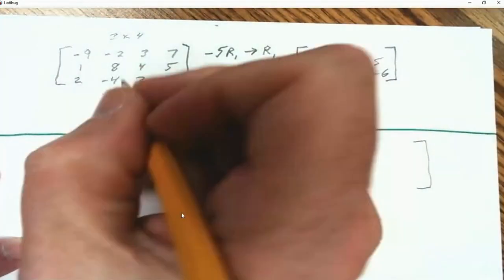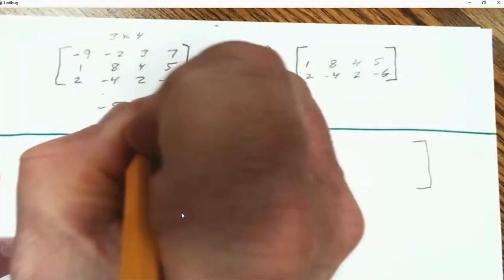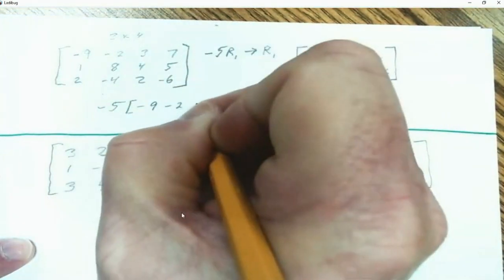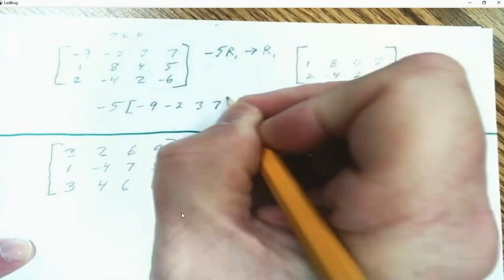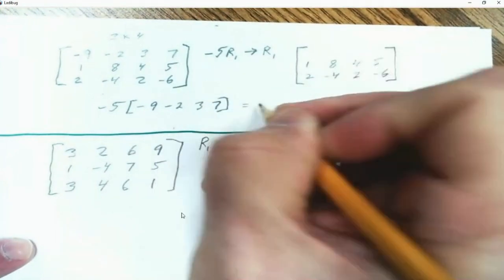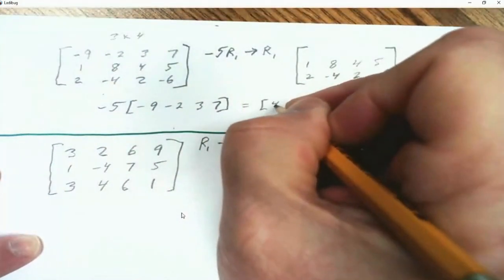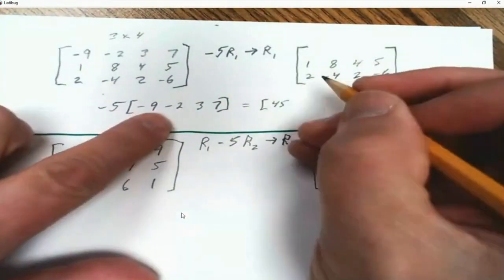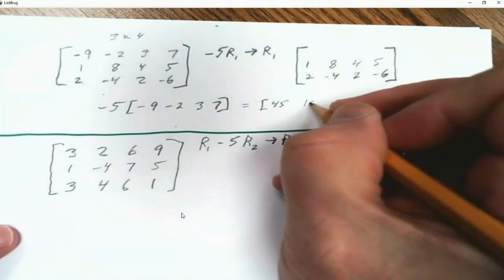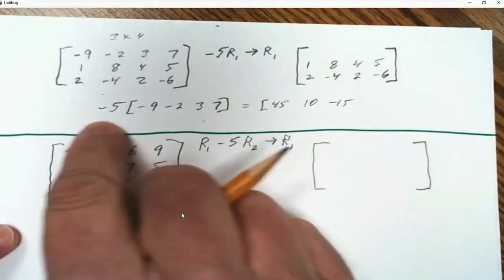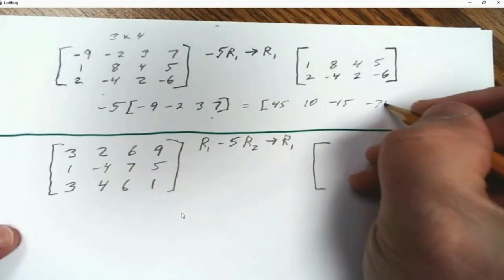But we need to take -5 times row 1, which is -9, -2, 3, and 7. So that's going to be -5 times -9, 45, -5 times -2, 10, -5 times 3, -15, -5 times 7, -35.